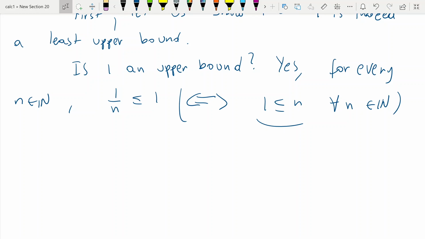So 1 is an upper bound. It bounds 1 over n for every n in N. And now, is it the least upper bound? Here, of course, we've already shown that this is an upper bound, but is it the least upper bound?